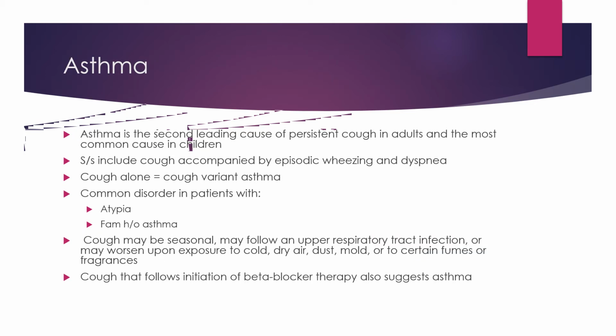So, asthma is the second leading cause of persistent cough in adults and the most common cause in children. So you're going to want to think about asthma when your signs and symptoms include cough accompanied by episodic wheezing and dyspnea. Cough alone can be a variant of asthma.